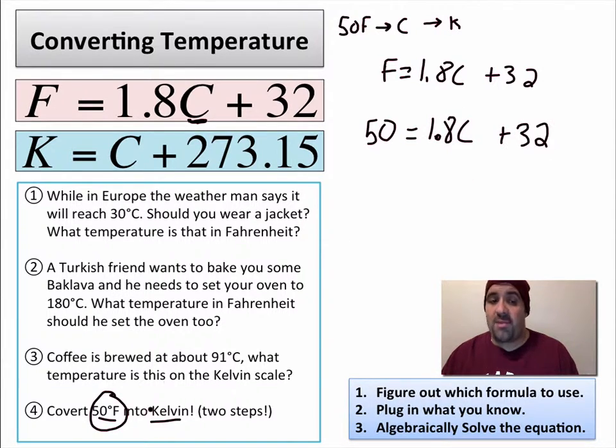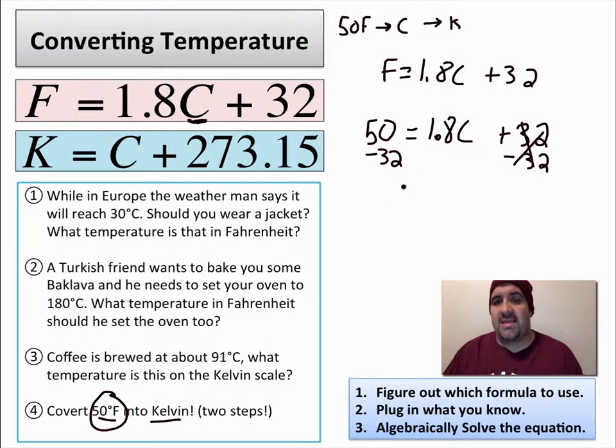If you know the temperature in Fahrenheit, you have to plug it in where the F is. You cannot plug it in where the C is. Now we have to solve for this C algebraically. There's two terms on the right side of the equation, so hopefully my algebra gurus know the first step is to subtract 32 from both sides to isolate the variable. Minus 32. These cancel.